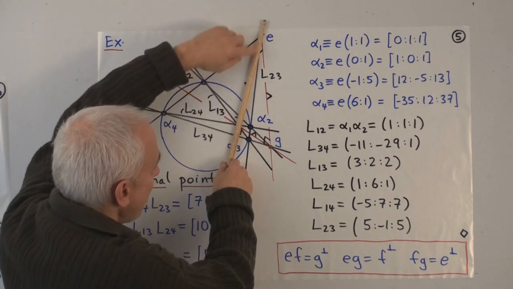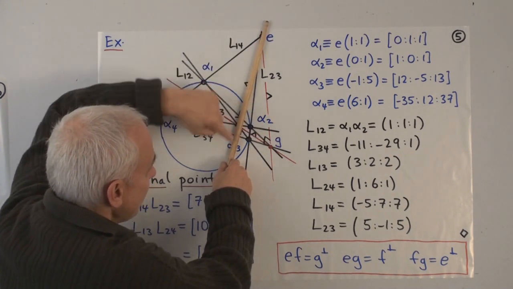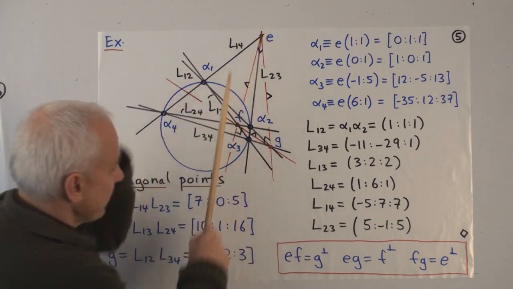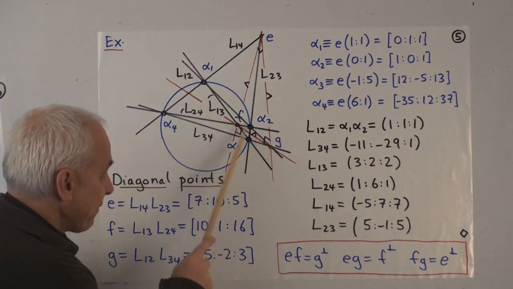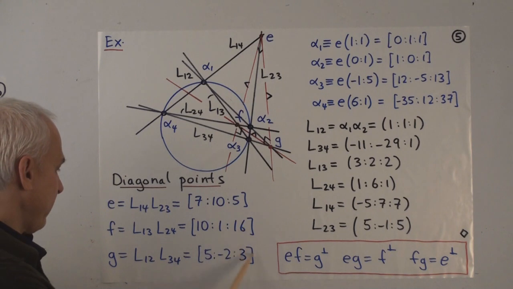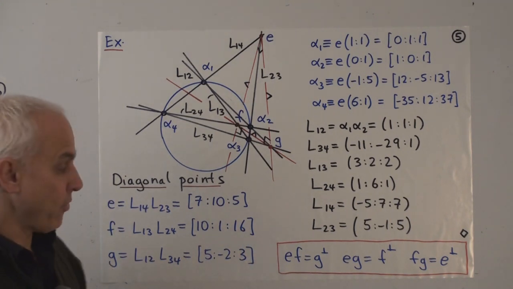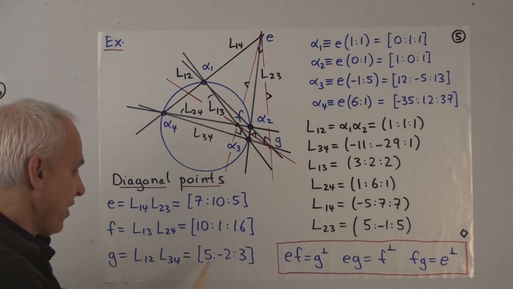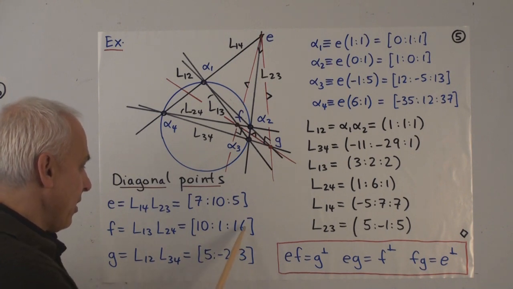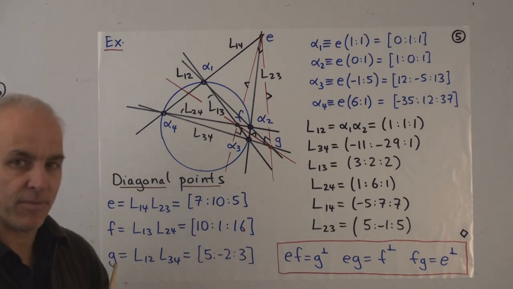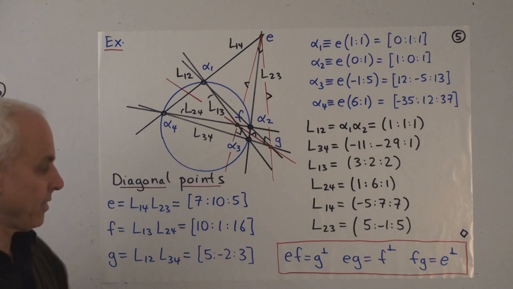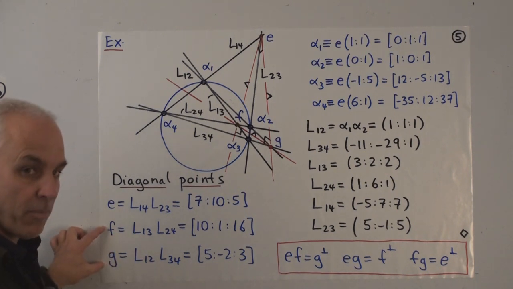Every point on this line, the dual of G, is necessarily perpendicular to it. So how do we check that F and G are perpendicular? There's F, there's G. We just evaluate 10 times 5 plus 1 times minus 2 minus 16 times 3. And that is 0, telling us these 2 points are perpendicular.